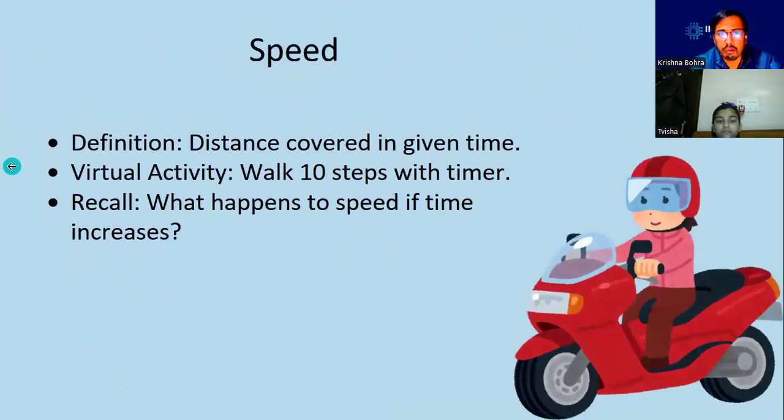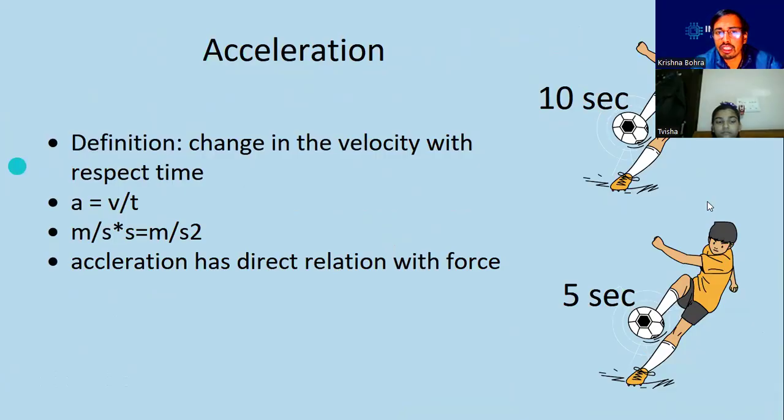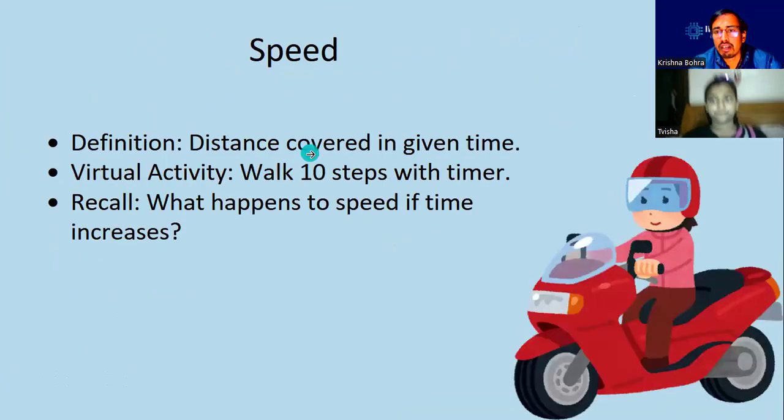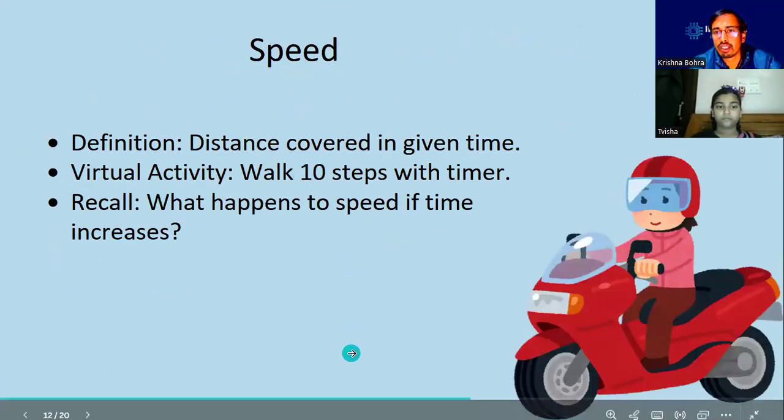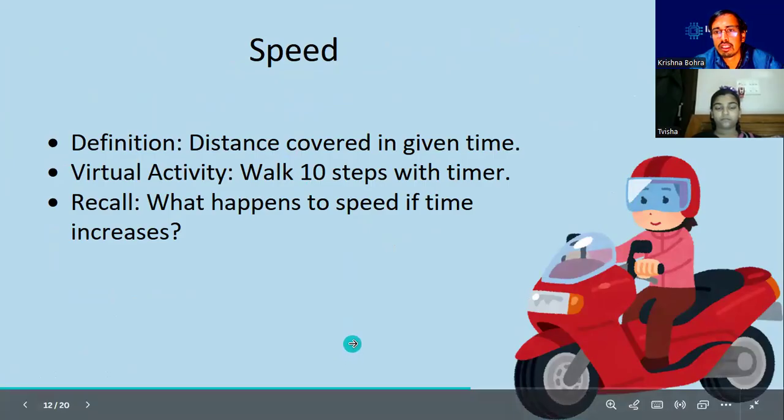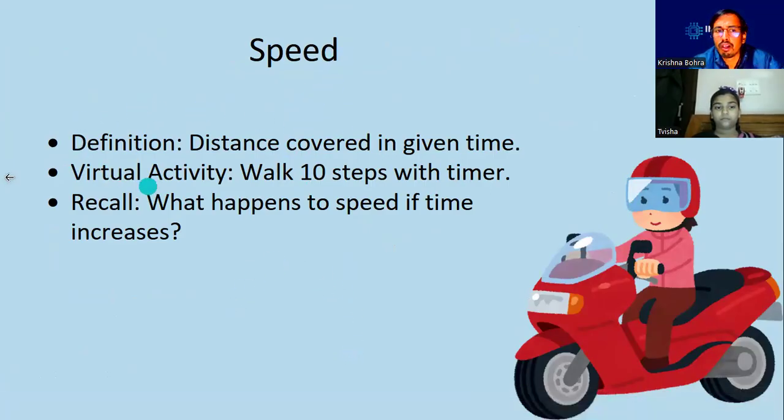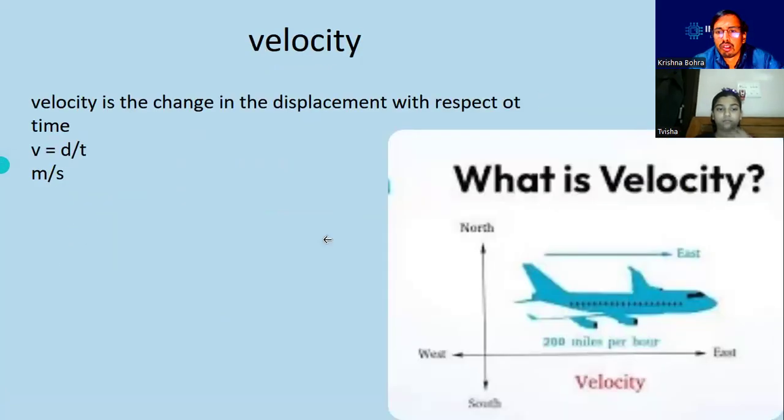Now we are ready to understand speed. Speed is exactly the same as velocity, but the only difference is it doesn't have any direction, meaning it is a directionless thing. It is the distance covered in a particular time. So if this plane is flying and we don't mention any direction, this will be its speed, like 20 miles per hour or 20 kilometers per hour.